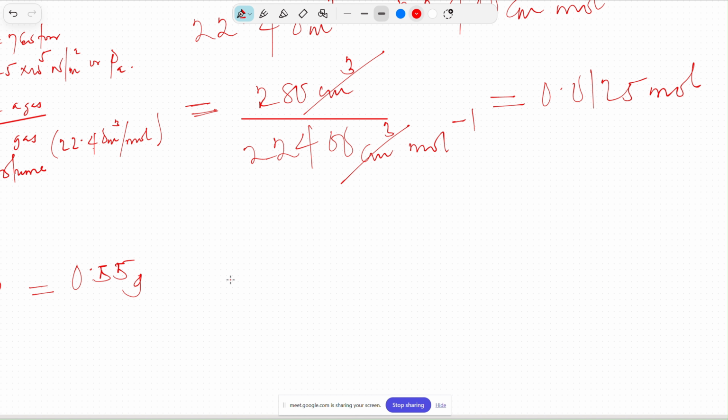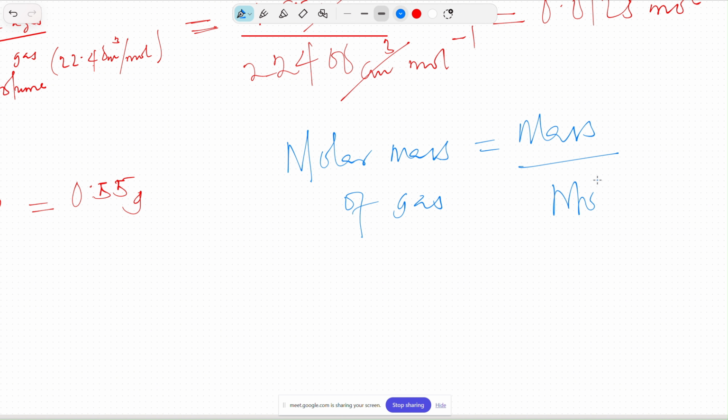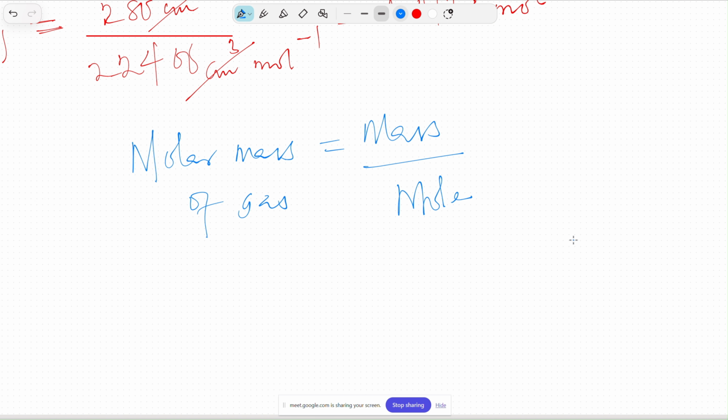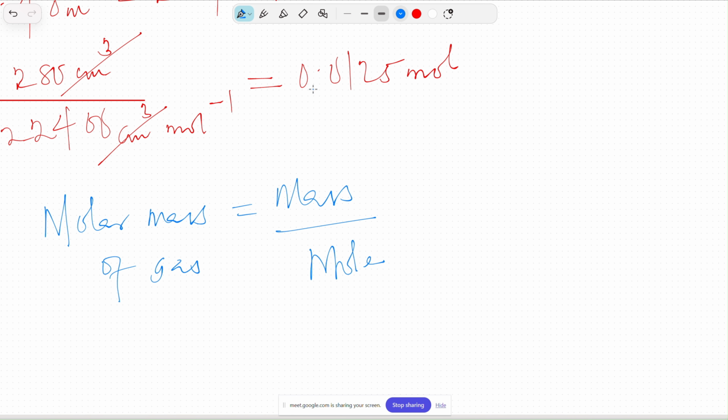So from here, you can simply proceed to solve for the molar mass of the gas. Molar mass of the gas will be equal to mass divided by mole, right? Mole is equal to mass over molar mass, so when you swap their positions, molar mass is equal to mass divided by mole. So what is the mass now? The mass is 0.55 and the mole is 0.0125.